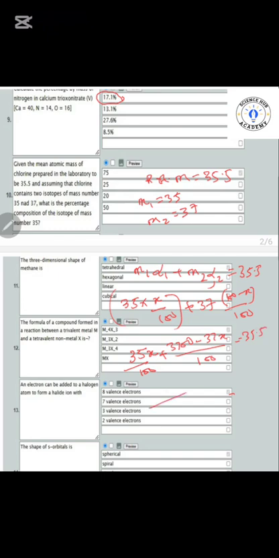So at the end, you have the LCM here is 100, and then we do the computation. This is 35X plus 3700 minus 37X equals 35.5 times 100. So here, 35X minus 37X will give me minus 2X, plus 3700 equals 35.5, then over 100.